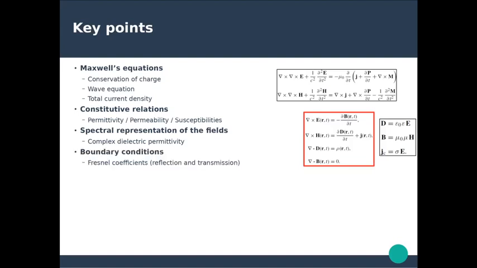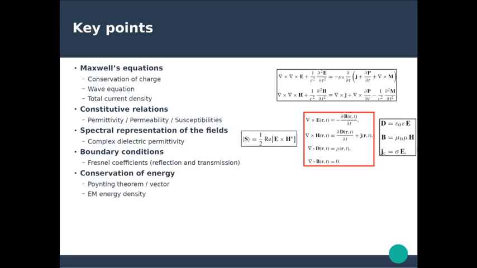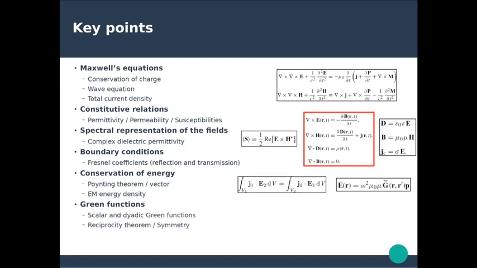Boundary conditions as well form a very important aspect of nanophotonics due to the presence of interfaces, and we discussed the Fresnel coefficients for calculating the reflection and transmission. Conservation of energy: we discussed extensively the Poynting theorem, which we've just seen an application of to calculate the net energy flow through an interface at the critical angle.